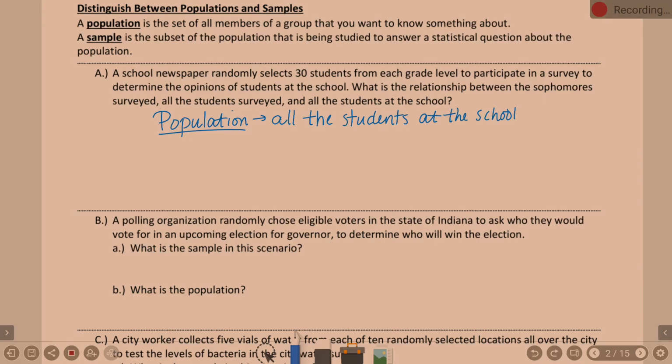So the population is all the students at the school. The sample, I would say, is all the students surveyed. And then the sophomores could be considered part of the sample.